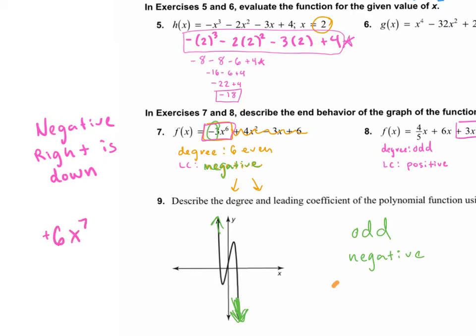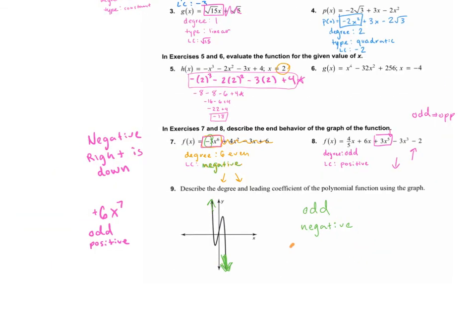So if you had positive 6x to the 7th power, this would be odd and positive. So it would look just like number 8. So positive means that it goes up, the right side goes up. Odd is opposite direction, so the left side is down.